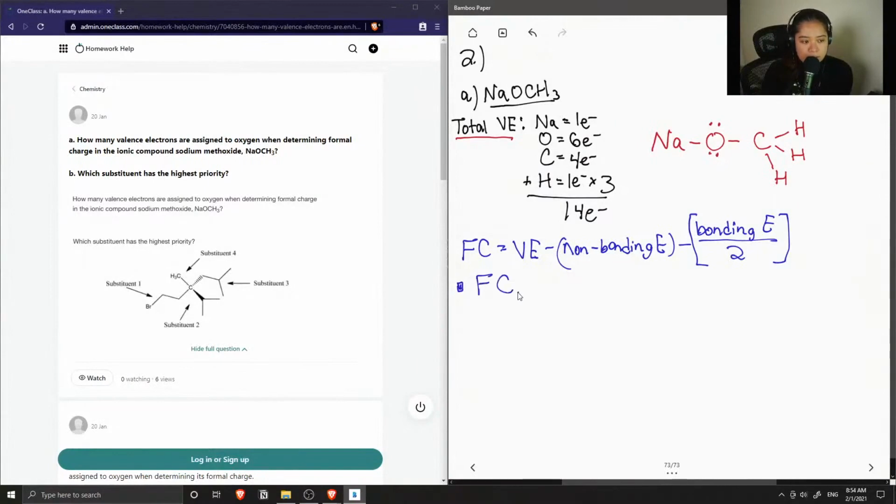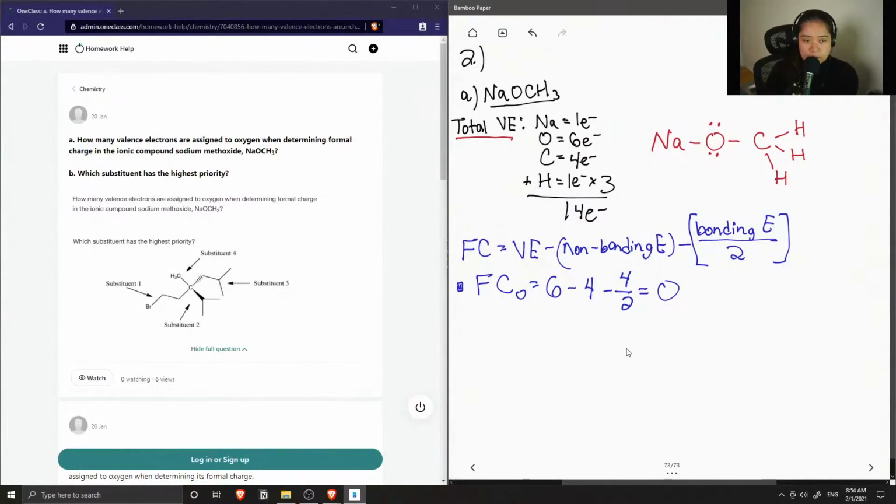Okay, so oxygen has 6 valence electrons, and there are 4 non-bonding electrons, and since there are 2 bonds to oxygen, we have 4 bonding electrons divided by 2. So the formal charge for the oxygen is equal to 0.